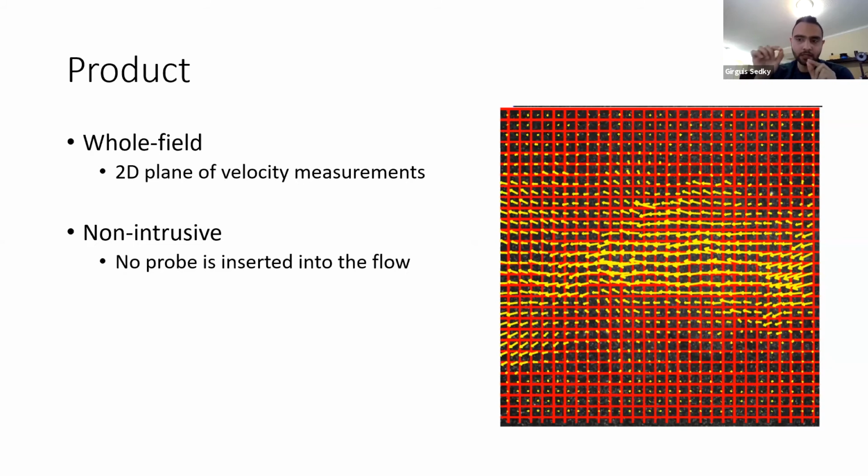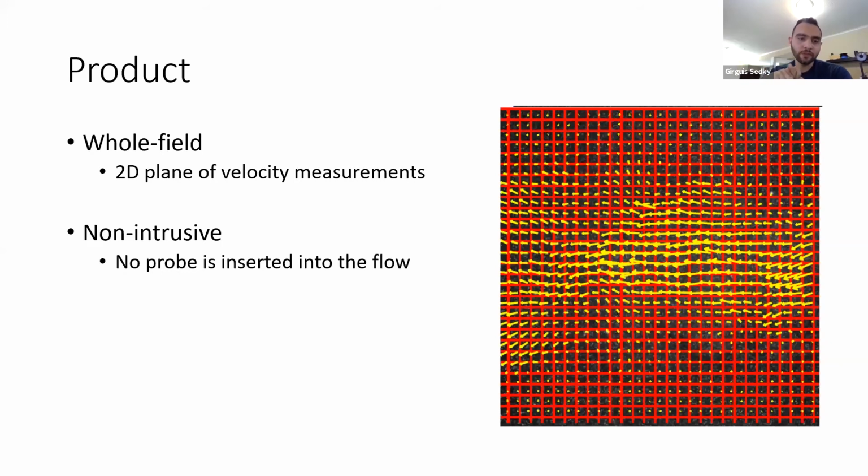A problem with these measurement techniques is that you can only get one point in the flow. In PIV, you can get the entire flow field. So that's a huge advantage with PIV that is not, for example, available in hot wire measurements. You can get the entire flow field and not just a point in space.